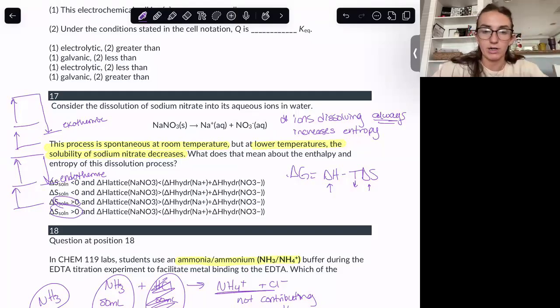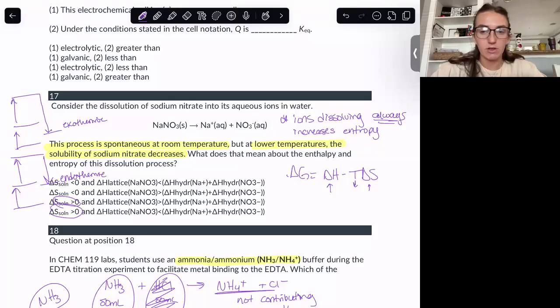So my delta H of the lattice has to be greater than the hydration of my ions, because it is going to take more energy to break the ions apart than it is to dissolve them.